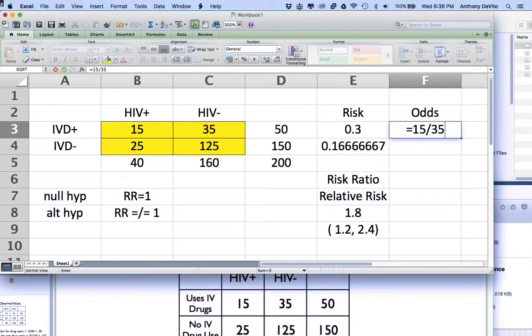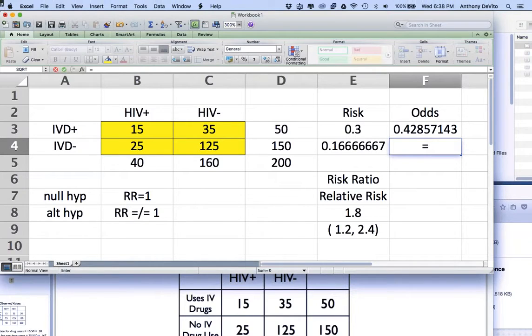So the odds of an individual having HIV are 15 to 35, or in other words, 0.42. A bit different than the risk, but it's in the same genre, a similar thing, but we get a slightly different number.